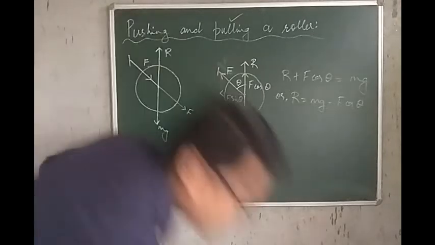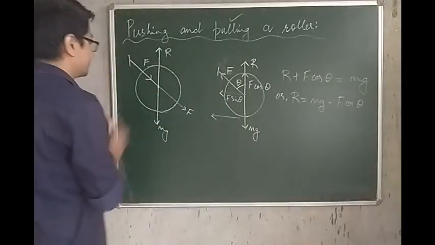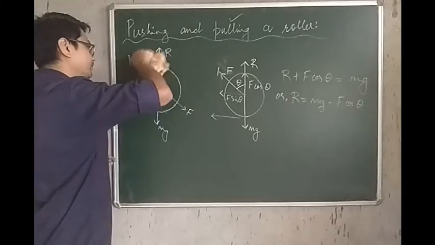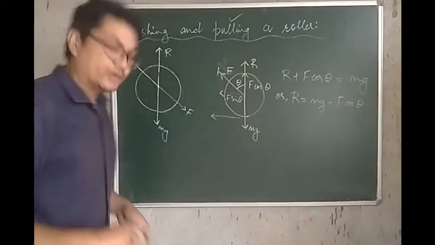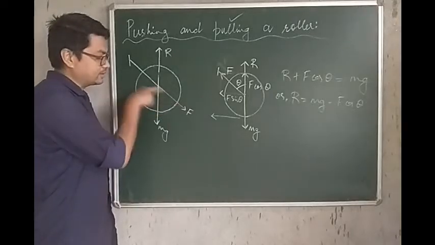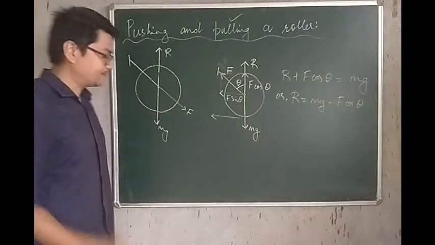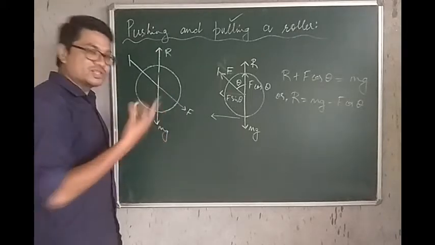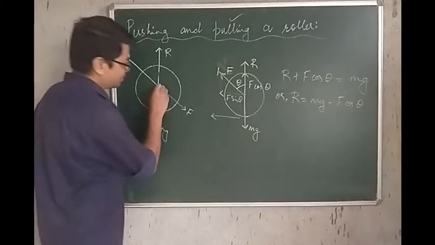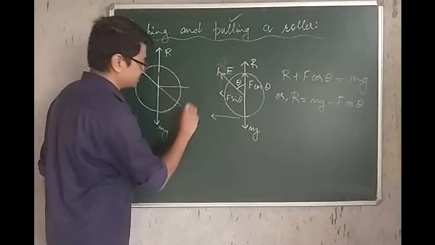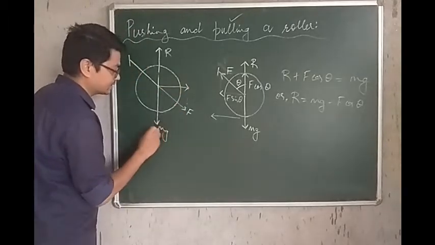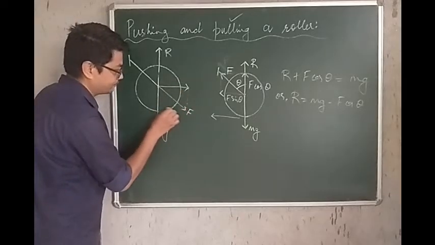Since force is a vector, don't forget, keeping its direction fixed, I can take the vector anywhere in space. So this vector is denoting the force. Again, this force can be resolved into two mutually perpendicular components, one in this direction and the other in this direction.